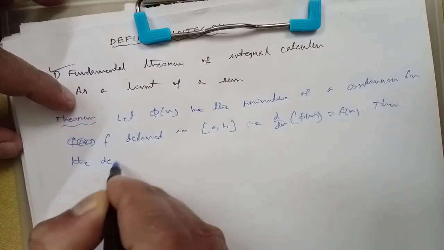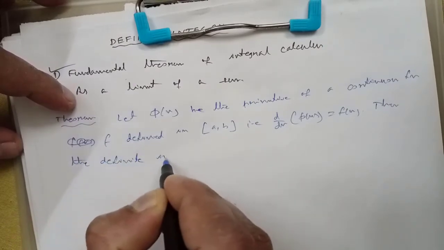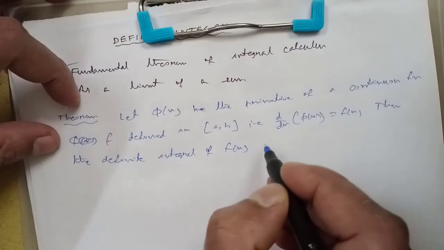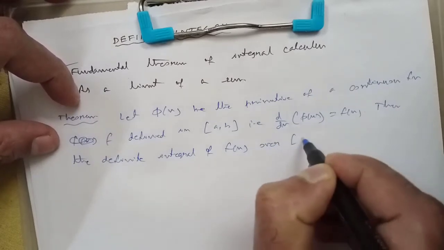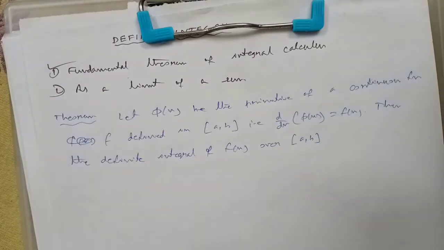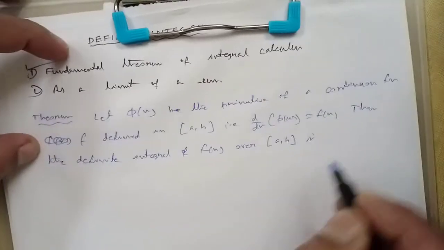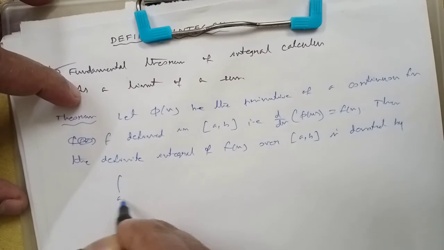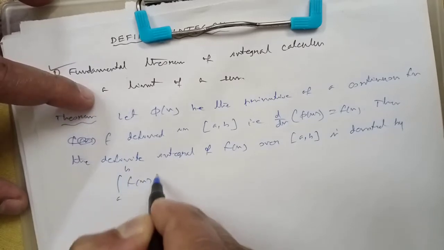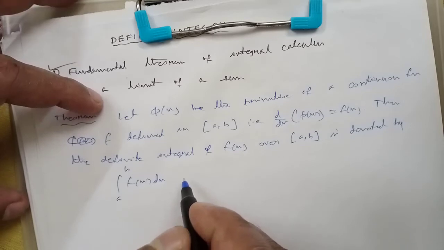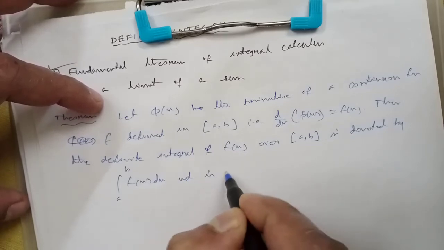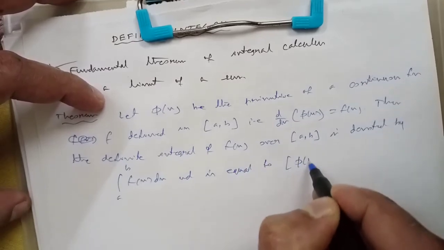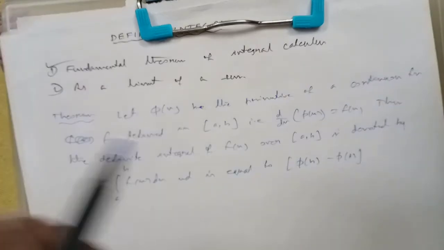Then the definite integral of fx over the interval ab is denoted by integration a to b fx dx and is equal to phi b minus phi a.